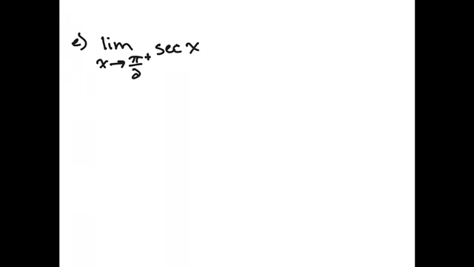Gotcha. Okay. The limit as x approaches pi over 2 from the positive side of secant x. Well, what is secant? So let's rewrite that, because if I got to figure this out from the unit circle, I need to be in terms of sine and cosine for me to know off the top of my head, right?